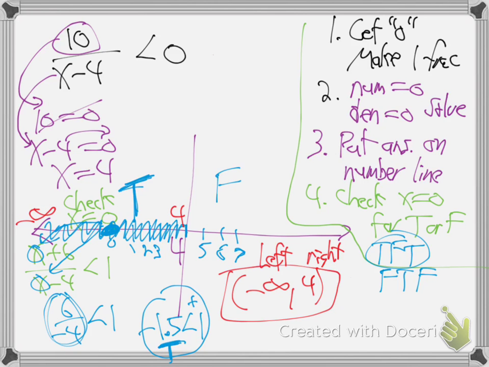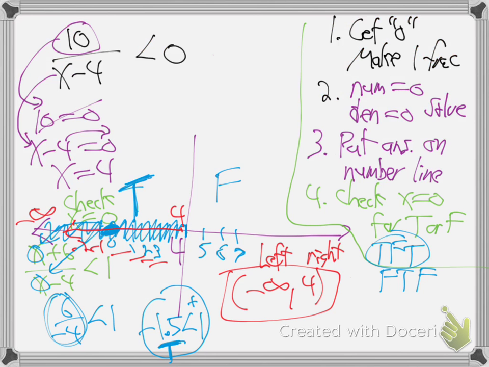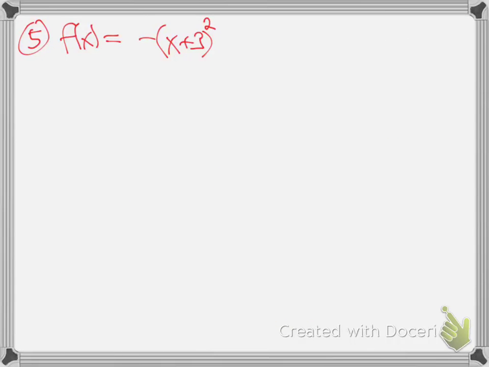That's the answer. Those are all the x values that are left of 4, less than 4. All the numbers less than 4, like 3, 2, 1, 0, negative 1, negative 2, make this original statement true. That's what we're saying. They're our answer.